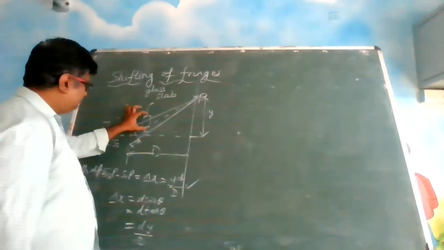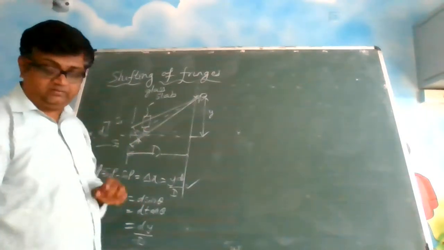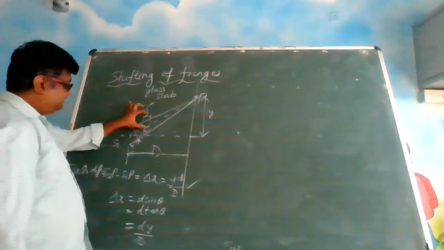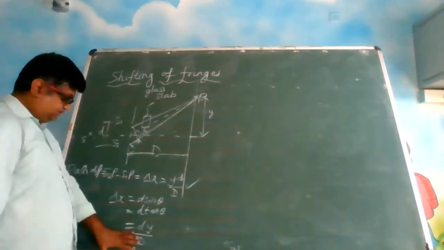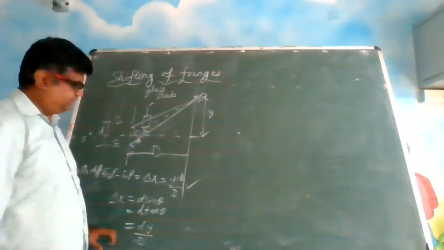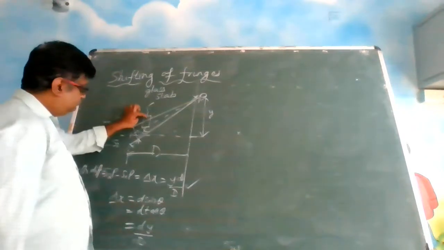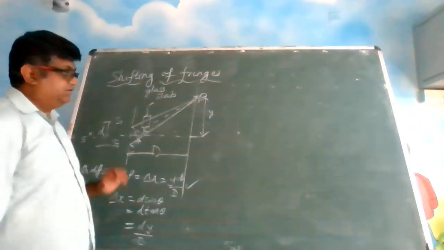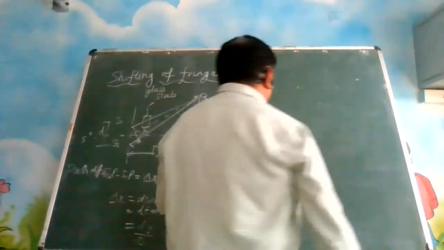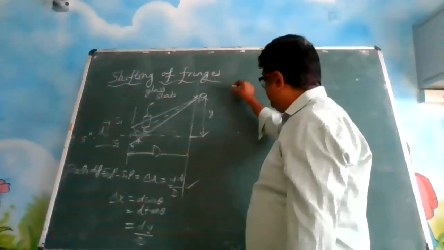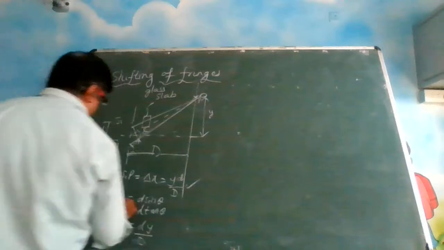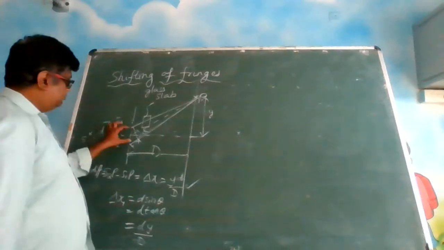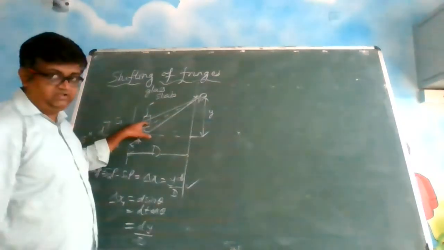If the slab was not there, this is the path difference there should have been. But what is happening is, you have put a glass slab here. So for the glass slab, what is the path difference formula? We have calculated. We will call this delta x1, because originally the glass slab was not there.